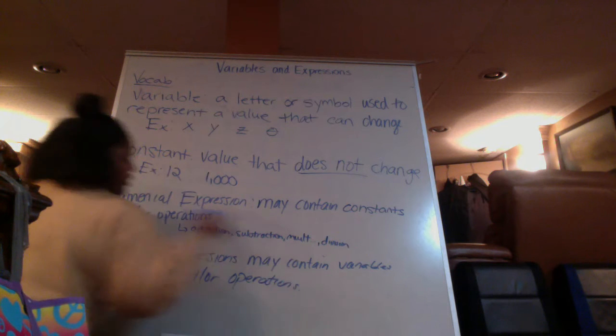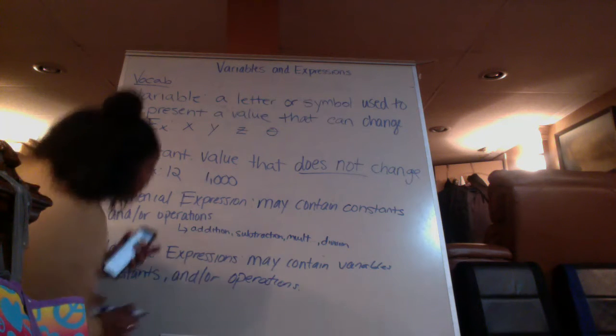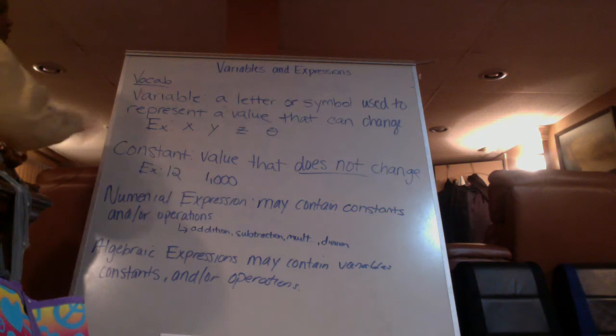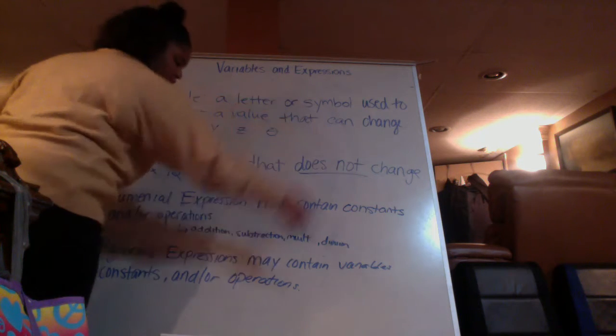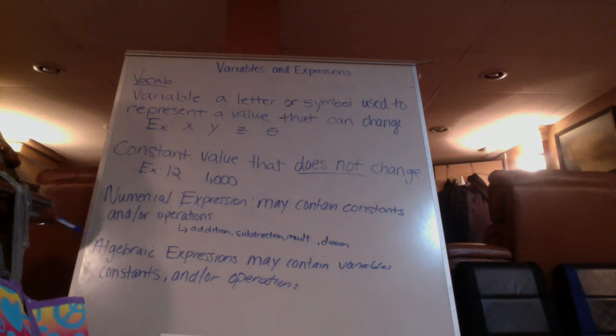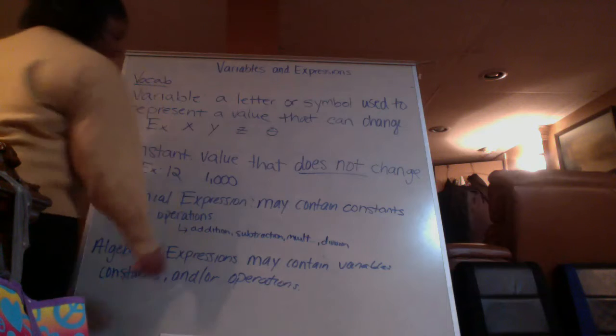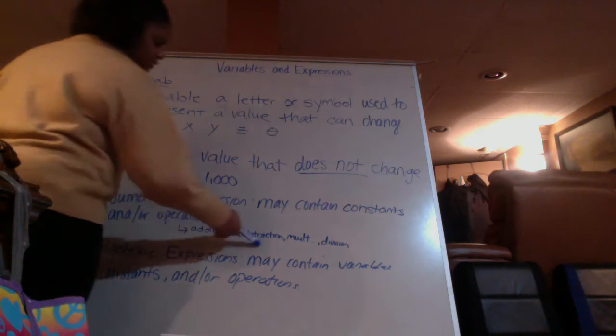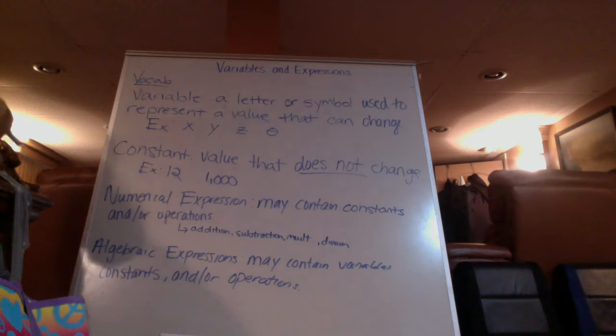We know what variables are, because we said that a variable is a letter or a symbol that is used to represent a value that can change. So algebraic expressions can have that. They can also have constants, values that do not change, and operations, which is a fancy word to sum up addition, subtraction, multiplication, and division.